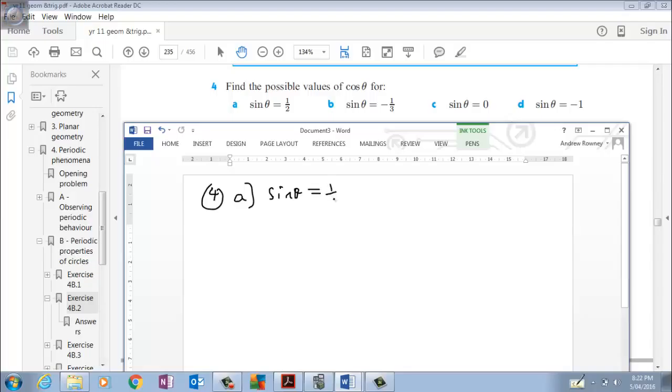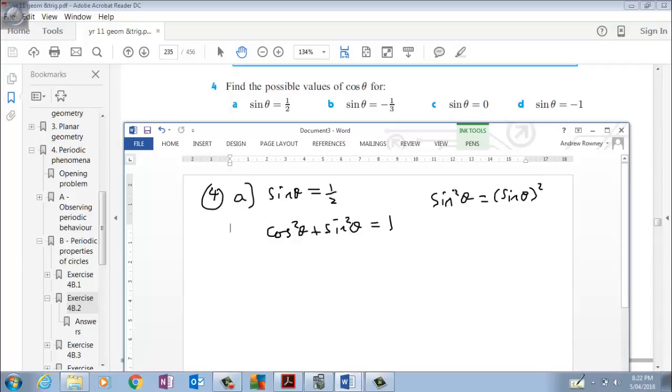Sine theta is a half. Question is, what is cos theta? Now we can use the identity, which is cos squared plus sine squared is equal to 1. Now sine squared theta is the same as sine theta all squared.